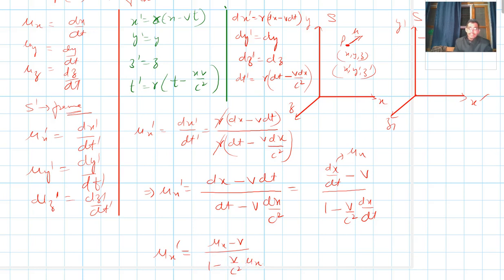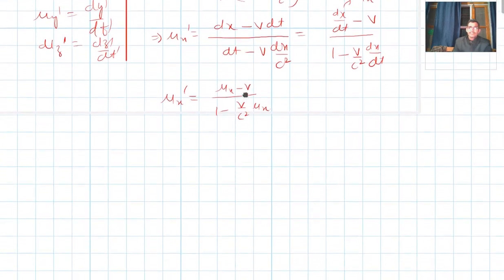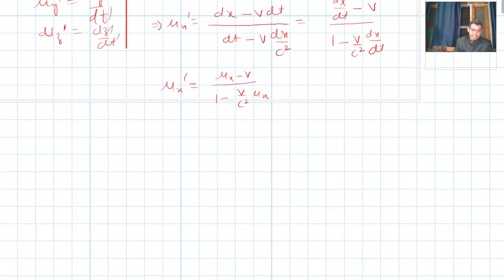And similarly we can evaluate other things. Similarly, uy prime can be written as dy prime over dt prime, and the value of dy prime will be dy as it is. dt prime is gamma times dt minus v dx over c square.